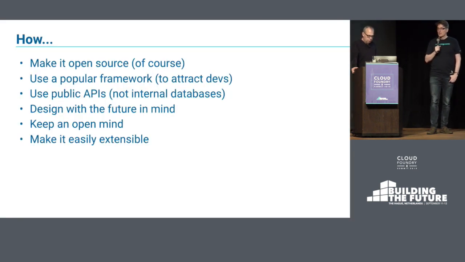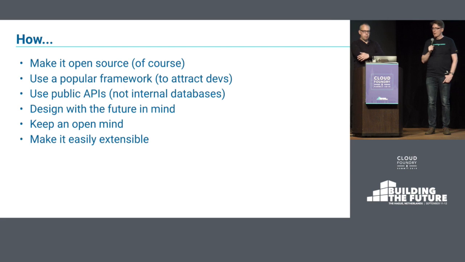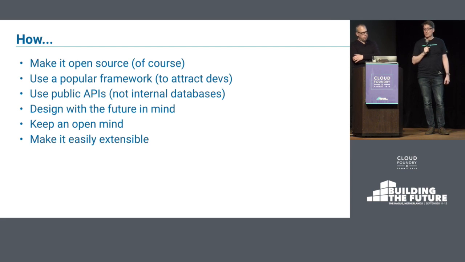So we think that these are some good guidelines, and I'll explain why in a moment. I think the obvious one, especially at a conference like this, is that it should be open source from the start. Of course, SUSE is a firm believer that everything we do should be open source from the start.